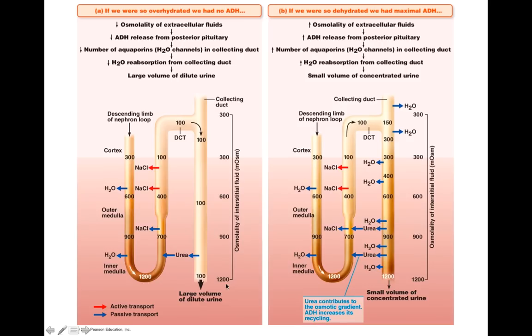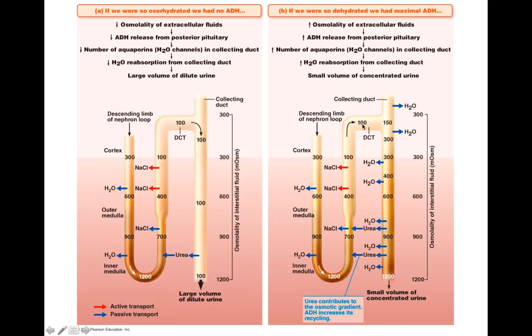So let's look over here at this picture on the right. This is what occurs if you are very dehydrated, if you've not been very good about drinking your water. So countercurrent multiplication, exchange, that all is the same. So you see water leaves the descending limb, you have salt leaving the ascending limb.